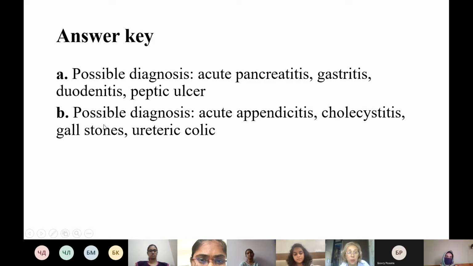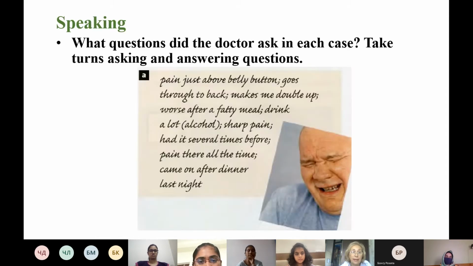And for the woman, possible diagnosis: acute appendicitis, cholecystitis, gallstones, or ureteric colic. And so let us focus on this. What questions did the doctor ask in each case? And let us take turns asking and answering questions.